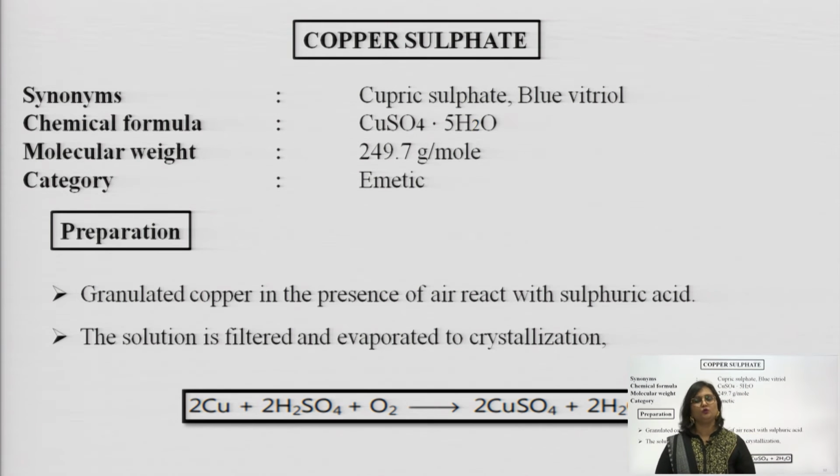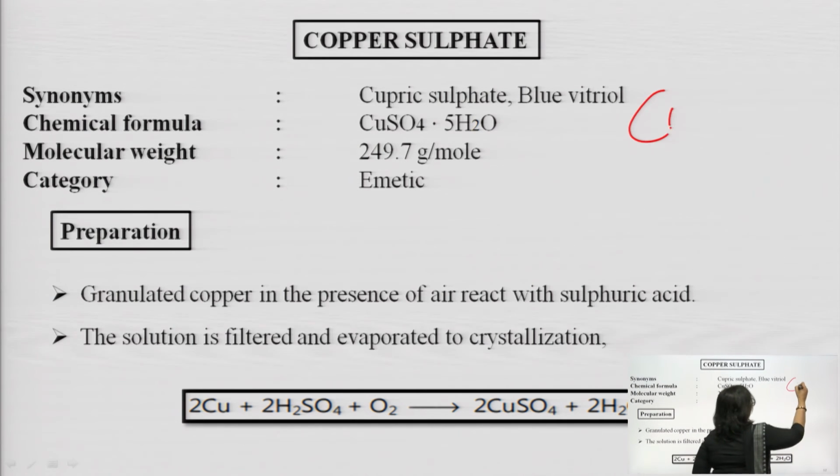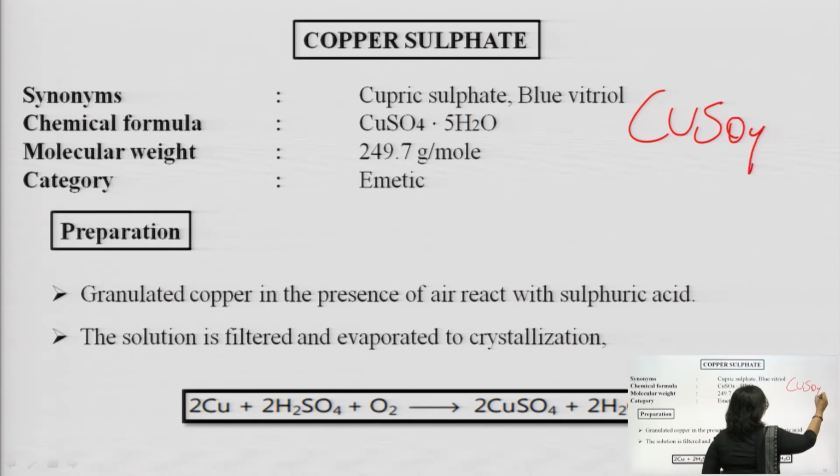We will look into one major example of emetics. Under emetics we have copper sulphate, also known as cupric sulphate, also known as blue vitriol. It has a molecular formula of CuSO4.